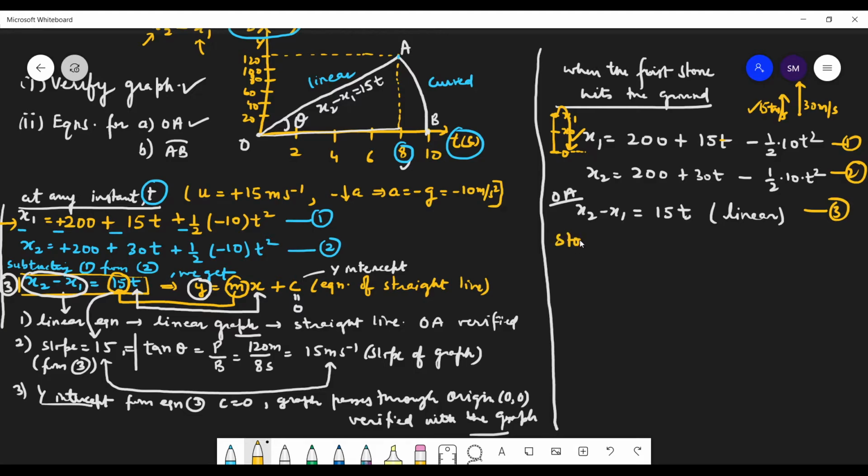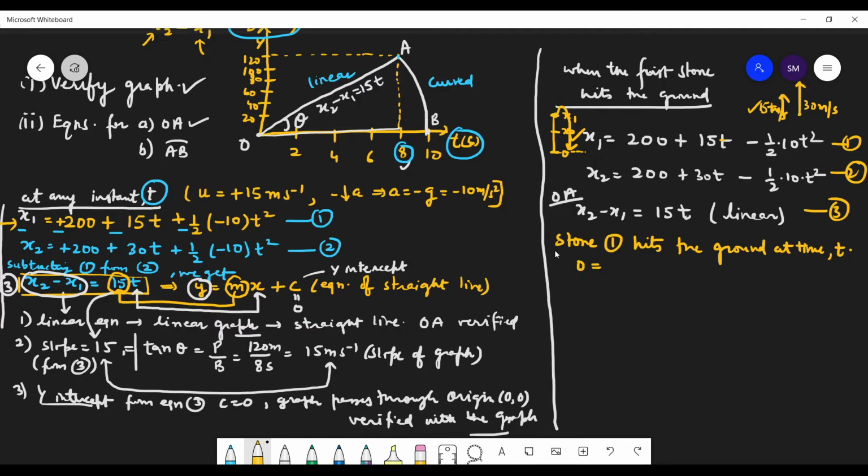So stone 1 hits the ground at time t. Okay. So what will be the position?